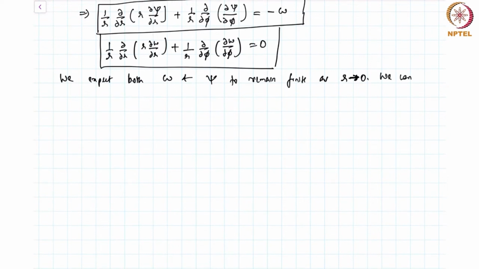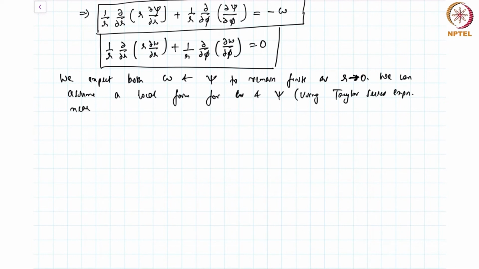So we can assume a local form for ω and ψ using Taylor series expansion near r equal to 0.